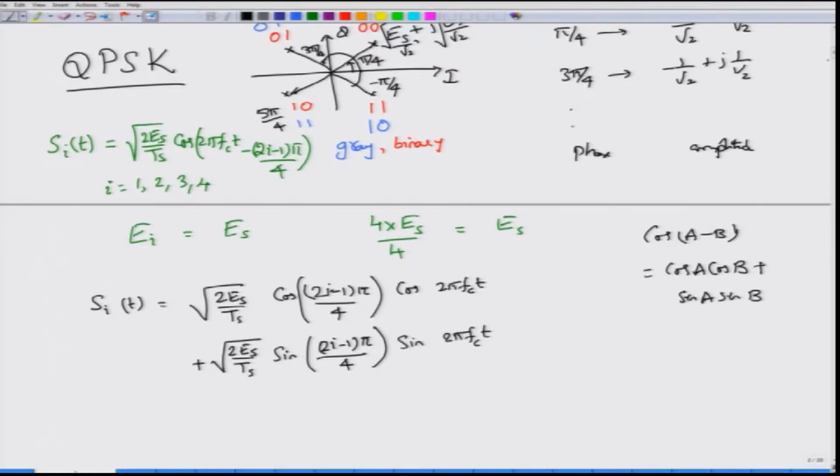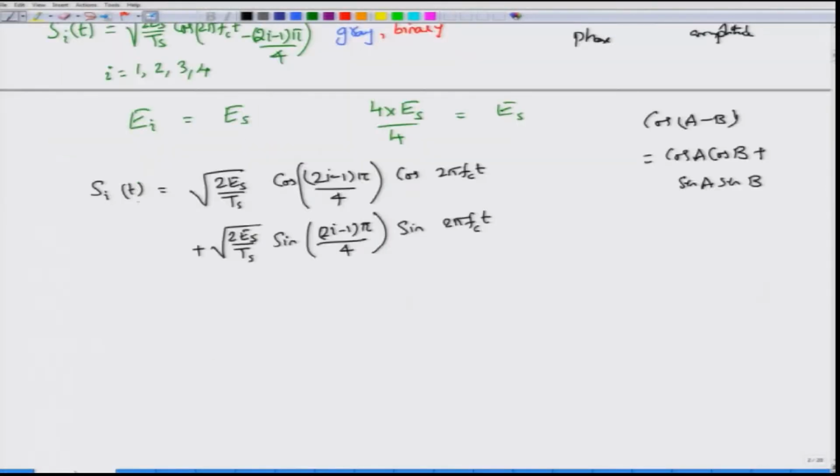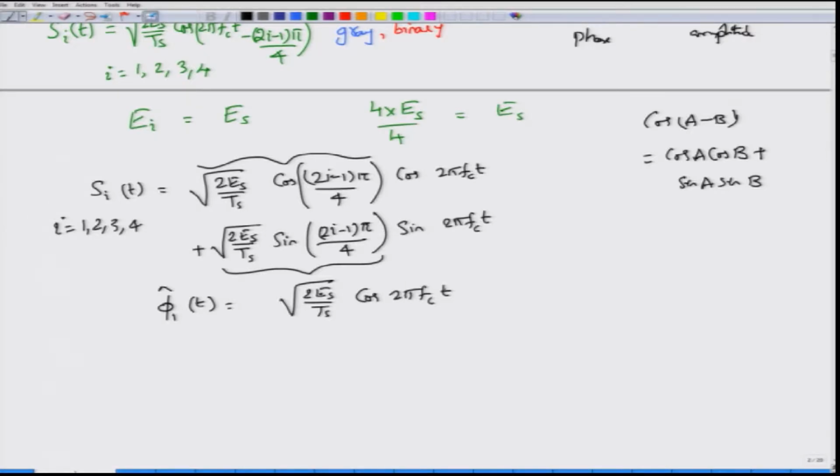So, now you can see that you have written down Si of t, where I goes from 1, 2, 3 and 4, as some signal multiplied by cos 2 pi Fct and another signal multiplied by sin 2 pi Fct. And if you now denote by phi 1 hat of t the cos 2 pi Fct waveform, and by phi 2 hat of t the waveform square root of 2 Es by Ts sin 2 pi Fct, you can clearly see that phi 1 of t is orthogonal to phi 2 of t.